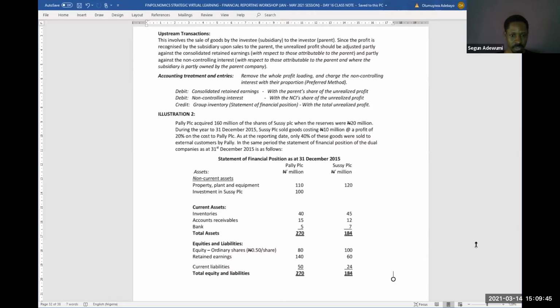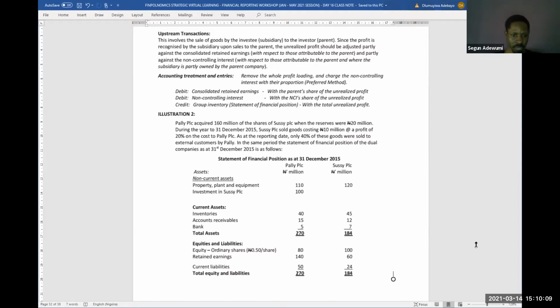Investment in Suzy PLC: 100 for Pali. Current assets, inventory: 40 for Pali and 45 for Suzy. Account receivables: 15 for Pali and 12 for Suzy. Bank: 5 for Pali and 7 for Suzy. Total assets: 270 for Pali and 184 for Suzy.